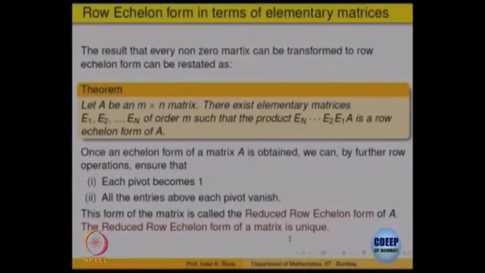Once you have done this normalizing, that means every pivot is made 1 and every other entry in that column is made 0, one can prove a theorem that the reduced row echelon form of a matrix is unique. There is only one possibility. Unique meaning what? Entries are the same, whichever way you do it. Right.